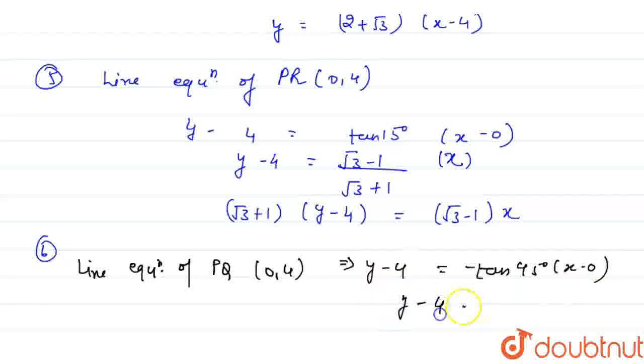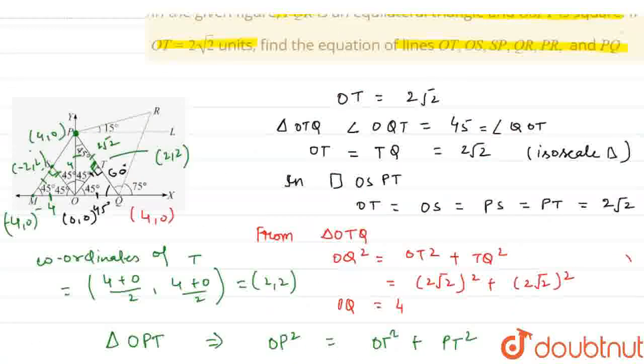So y minus 4 is equal to minus x, right? So this is our line equation for PQ. Look at the figure, the last one is PQ. This is PQ, right? So we have calculated the equations of the lines for OT, OS, SP, QR, PR and PQ.